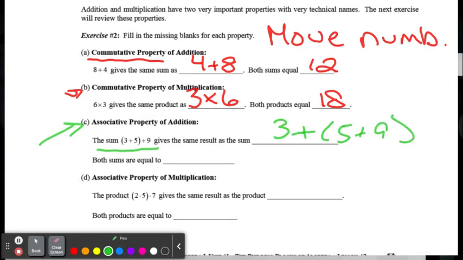Doesn't matter which numbers you're adding first, you still get the same answer. Both of those give you a result of 17. Same thing for multiply. So we have 2 times 5 and then times 7. You could do 2 and then multiply 5 times 7 first. Either way, your answer is 70.